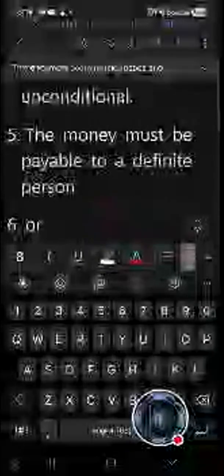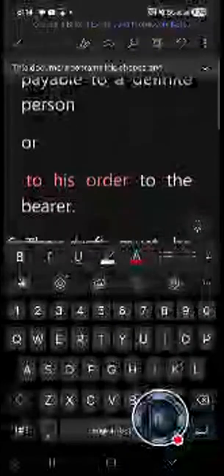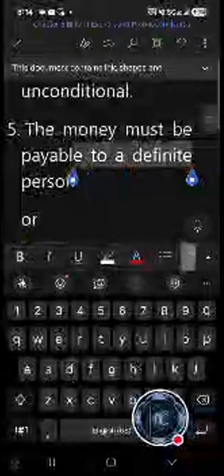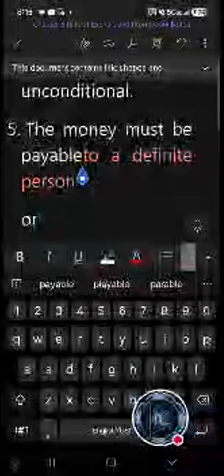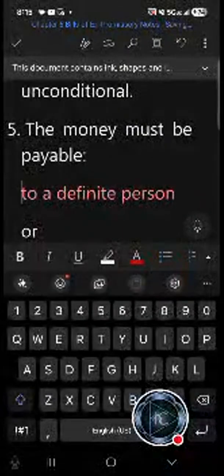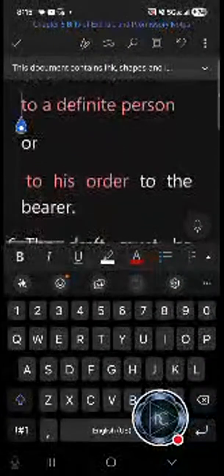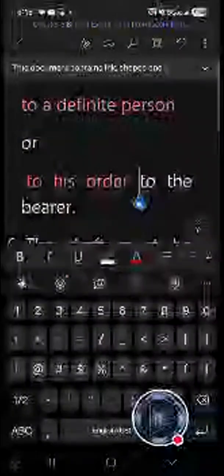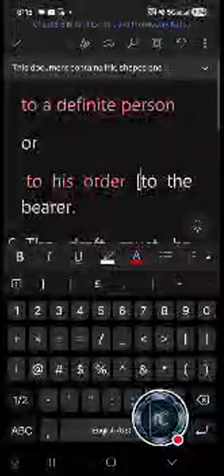To his order or to a definite person, so it needs to be payable to a definite person or to his order, or to the bearer.